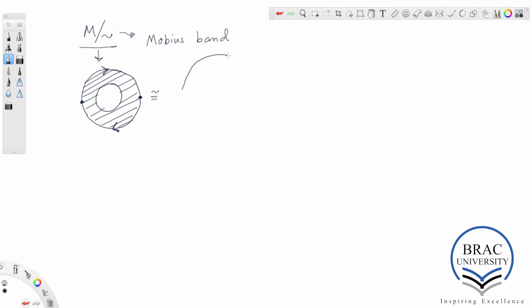So I keep the upper part to be the same, the orientation along the outer circle of the annulus, and then I prescribed an orientation along this boundary.